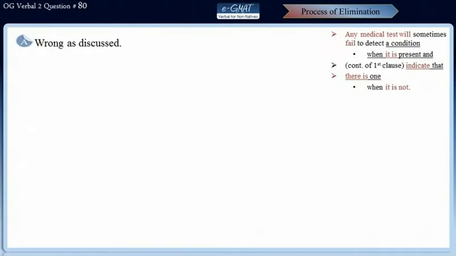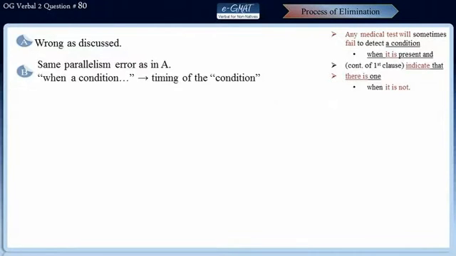Well, choice A is not the correct answer as we saw just now. Choice B is also not correct because firstly it repeats the same parallelism error as in choice A, and secondly this phrase when a condition shifts emphasis to the timing of the condition rather than the condition itself, which is not correct. So these two errors make choice B incorrect.